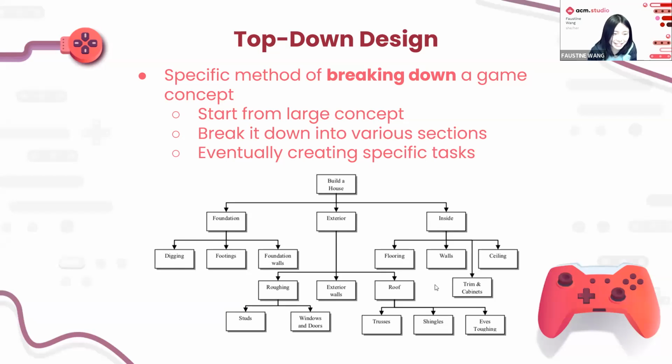You start from a really large concept and then proceed by breaking it down into various sections, eventually creating specific tasks. The image here shows how top-down design might be applied to building a house. It will be split into foundation, exterior, inside, and those will be further split into different things.